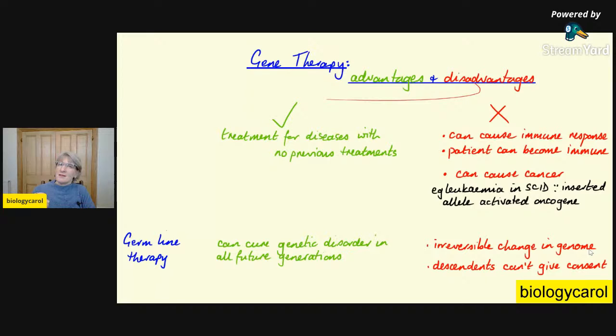It also means that the descendants, and I know this might sound a little bit weird, have had a treatment that they haven't even been told about and for which they haven't been able to give consent. Giving consent is one of those fundamental ethical issues. Any patient has to give consent for the treatment, having been explained the pros and cons. As a result of these ethical considerations, germline therapy is not currently allowed.